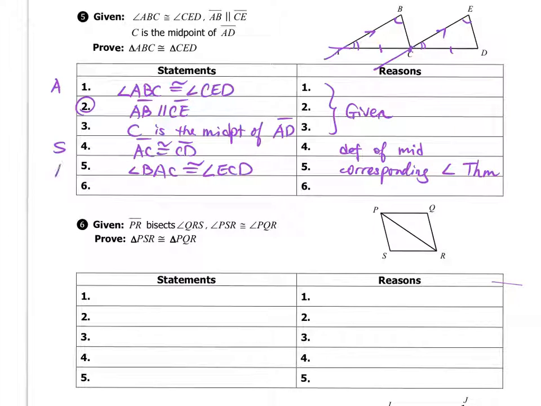So now I've got AAS here to prove the two triangles are congruent. Or if you want to write ABC is congruent to CED, that's fine too. Okay, so finish the other two proofs. It's not too hard.